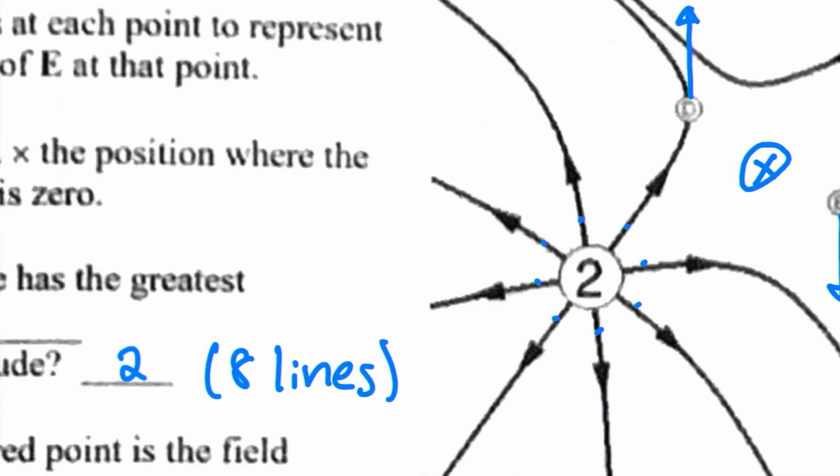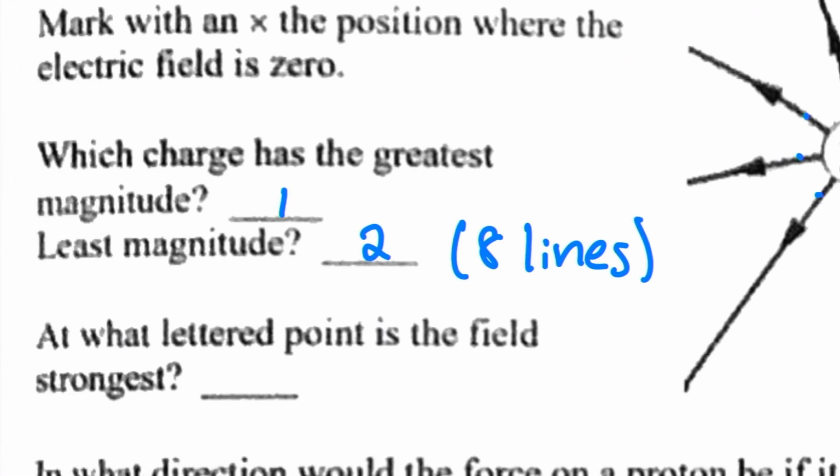Whereas for charge number 1, I'll have 24 lines. So charge number 1 is the greatest because it has the most number of field lines originating from it.